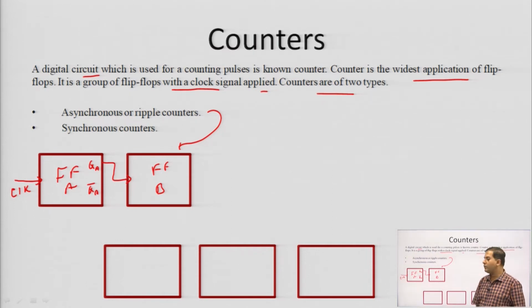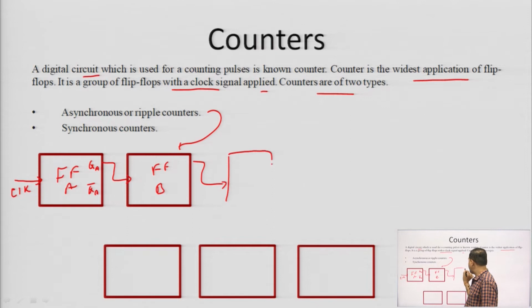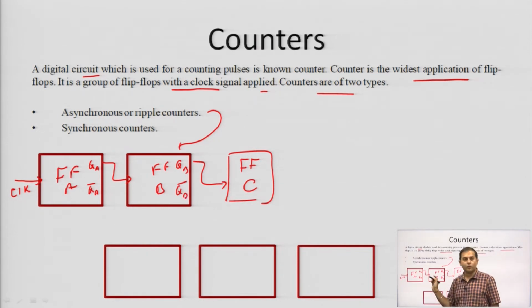What are we doing? We are giving the output of the first flip flop as the clock input to the second flip flop, and so on. If we have n flip flops, it will go on like that. If there is a flip flop C, QB will be given as the clock input to the next flip flop.